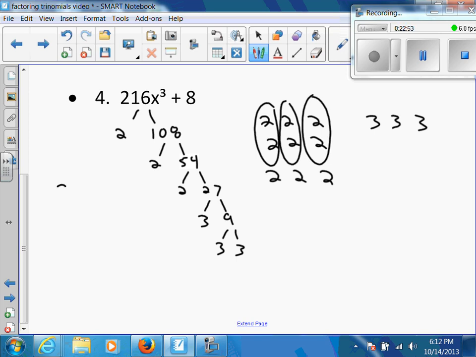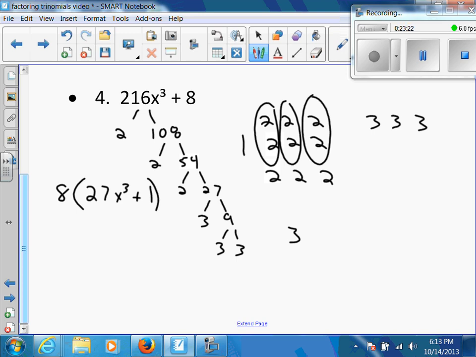Let's not forget our x cubed. Plus, what's left in the second line? Nothing. So what does that mean we have? We have a 1. Now, let's just focus on the binomial that's inside the parentheses. We're going to take the cube root of 27. I believe that's 3. Cube root of x cubed is x. So we have 3x. Cube root of 1 is 1.